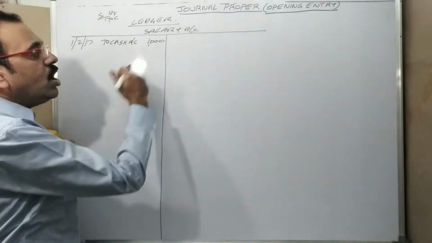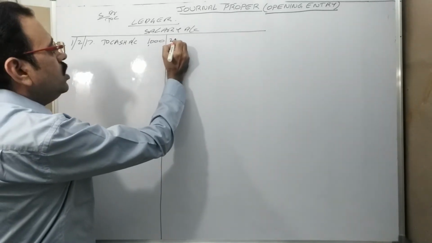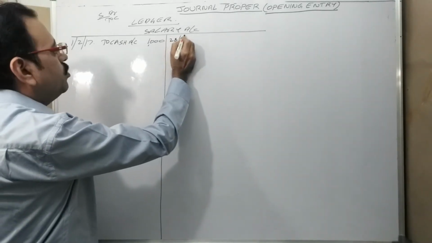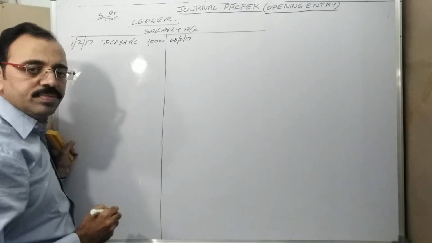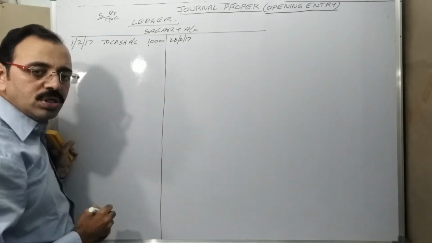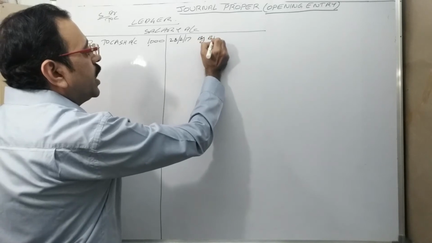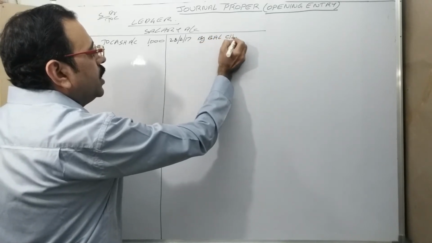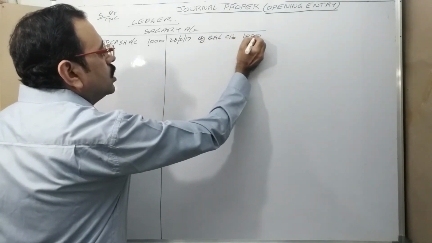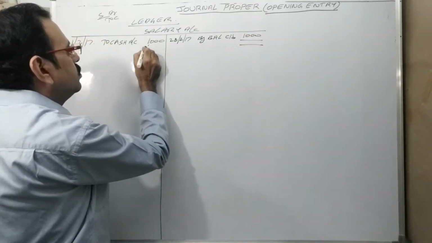Then at the end of the month, that is on 28th February 2017, we should close this account. So how will we close this? By writing balance carried down. How much? 1000 rupees.